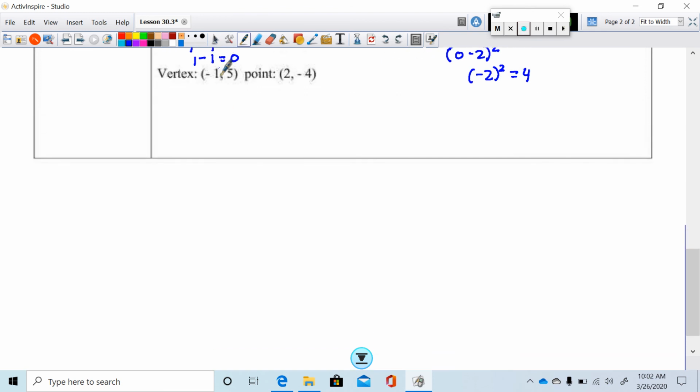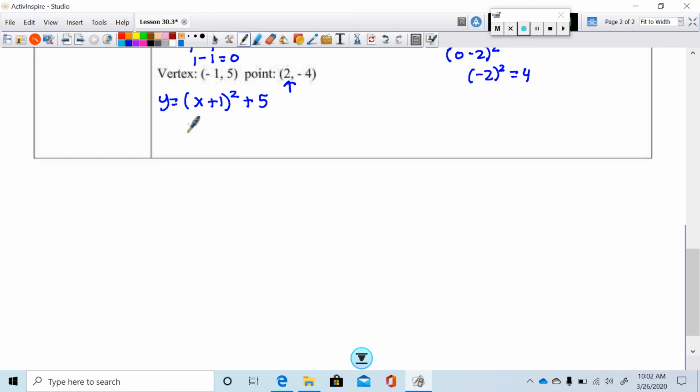There is an x value for the vertex, so you've got to do y equals parentheses x, and then the opposite of the x value. The opposite of negative 1 is positive 1. I'm going to square that, and then the y value just goes at the end of this equation. I'm going to test my 2 to see if this is the point that matches the equation.